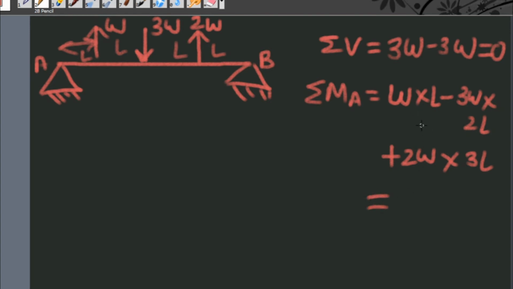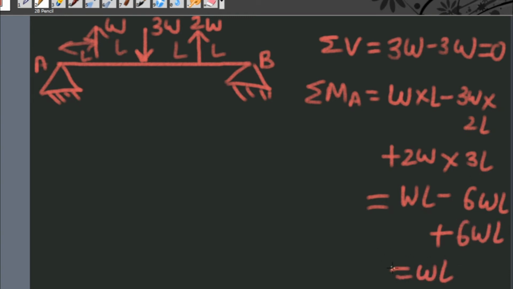So from here we can see that WL minus 6WL plus 6WL will be equal to WL. So the moment is not equal to 0.